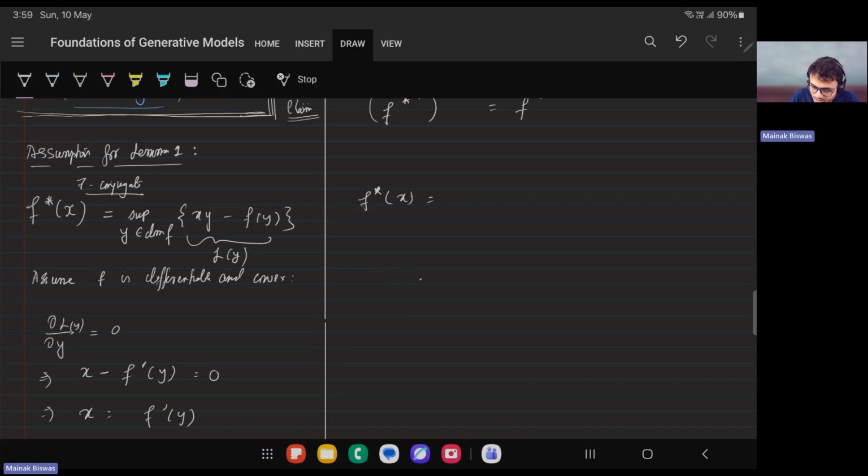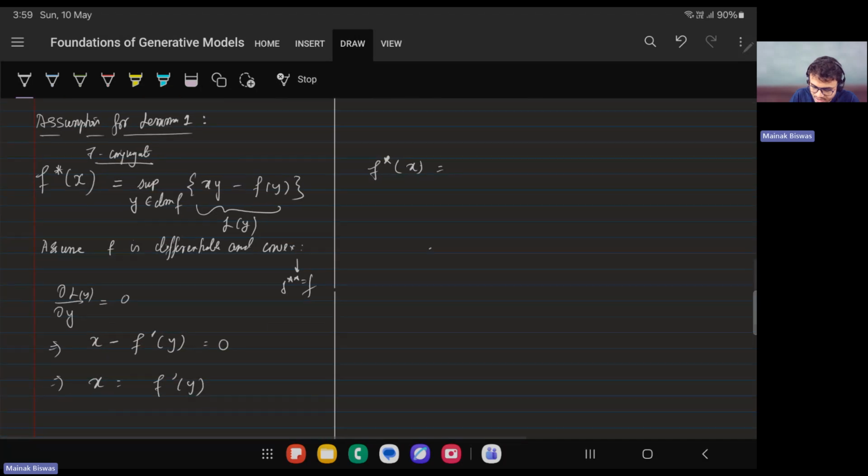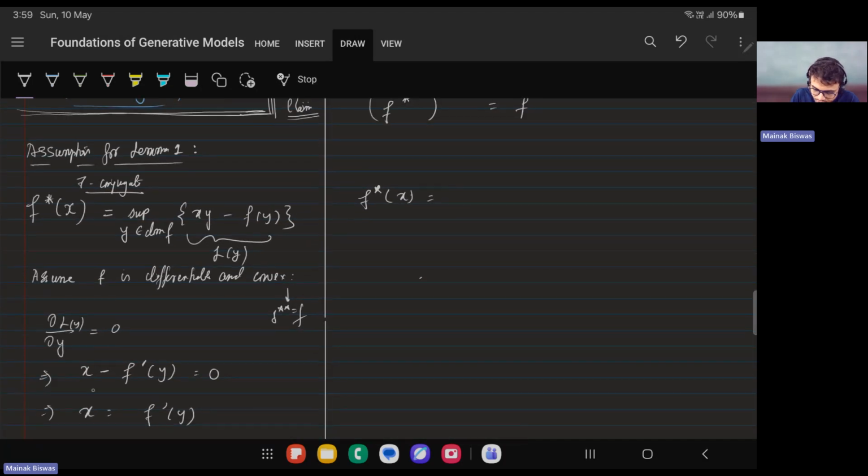so that we don't mix things up. f star of x is equal to, I'll just put the value of x here. I can do f dash inverse and put the value, which I'll not do because I don't want to put in a lot of notation. So I will write this as f dash of y into y.